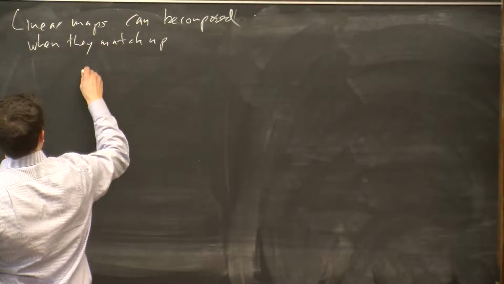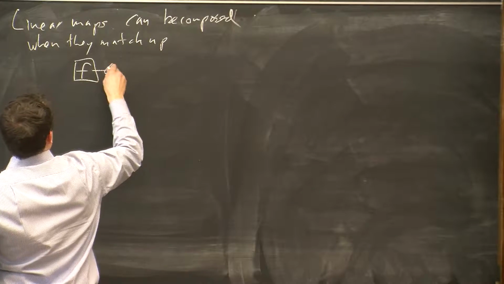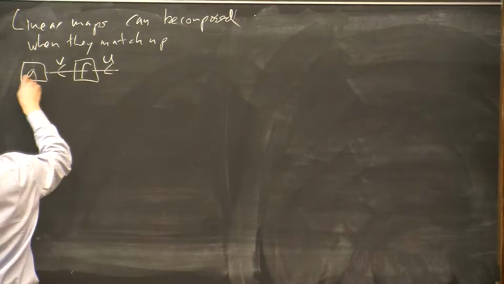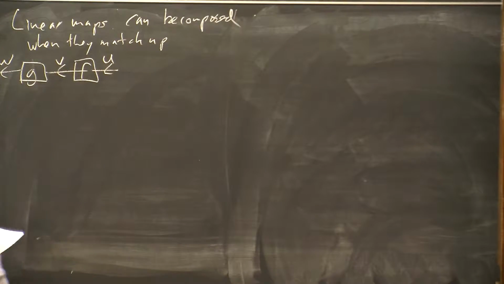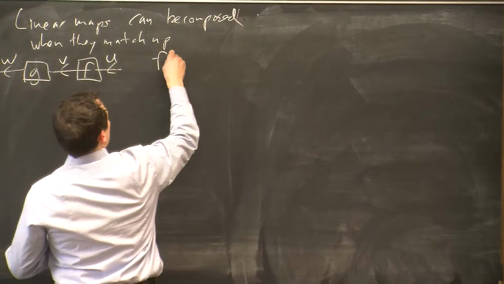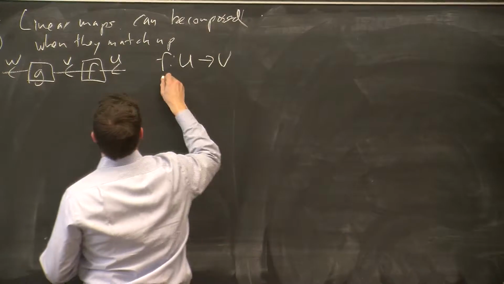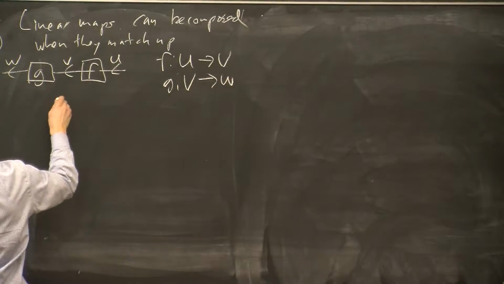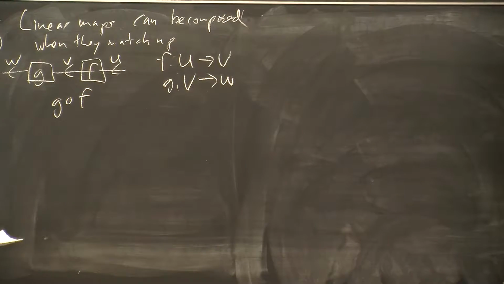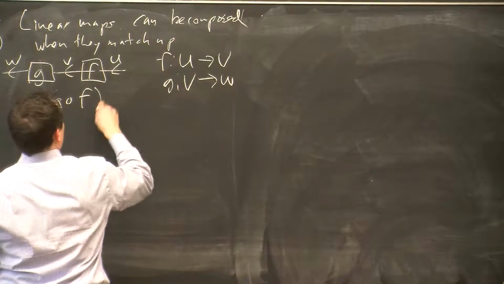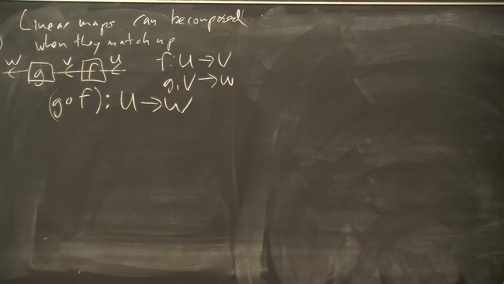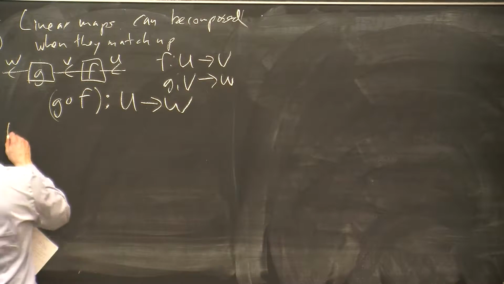So if I have a linear map F from U to V and another linear map G from V to W, so F goes from U to V and G goes from V to W, I can construct from them G composed with F, which is a map from U to W. We took kind of a guess and check approach.